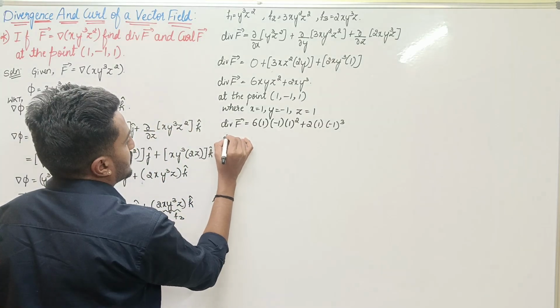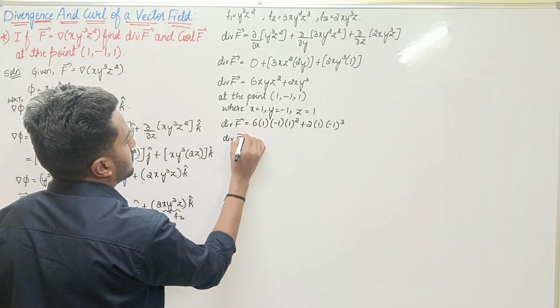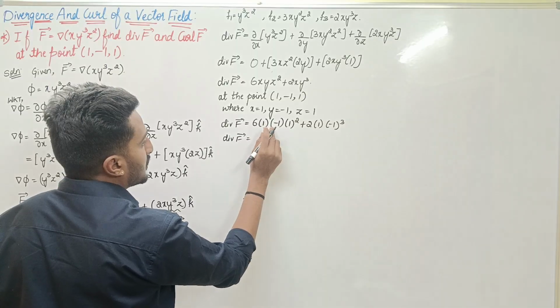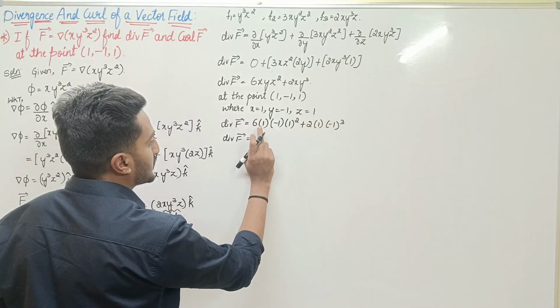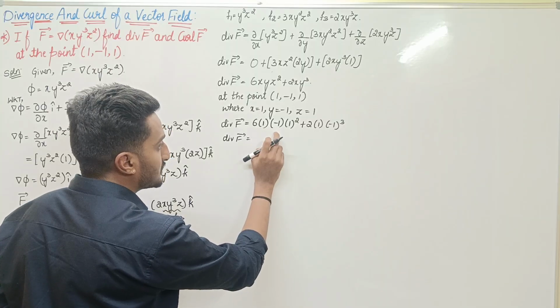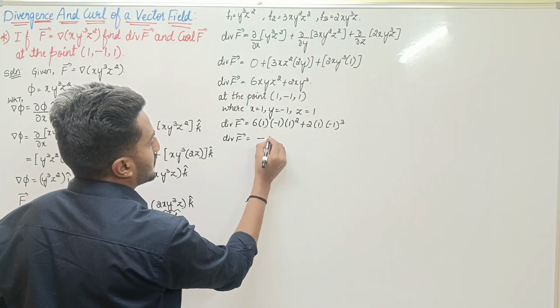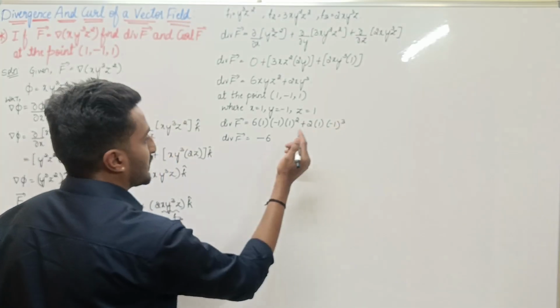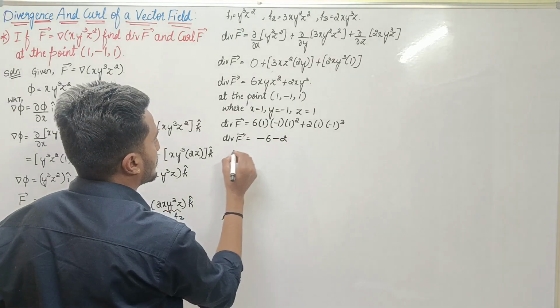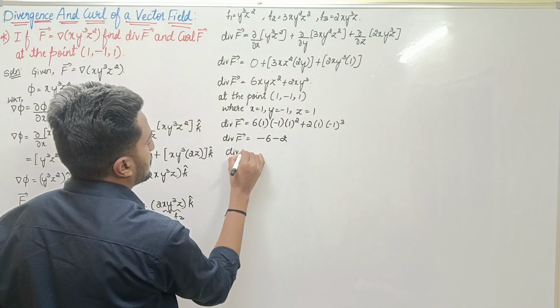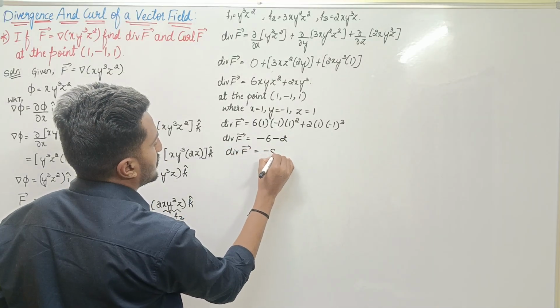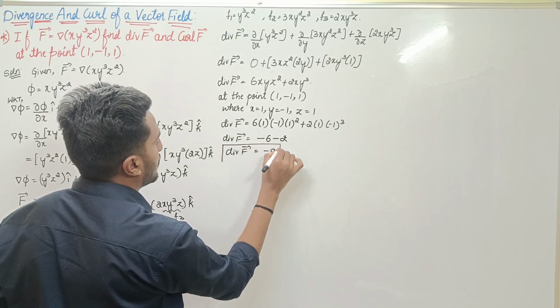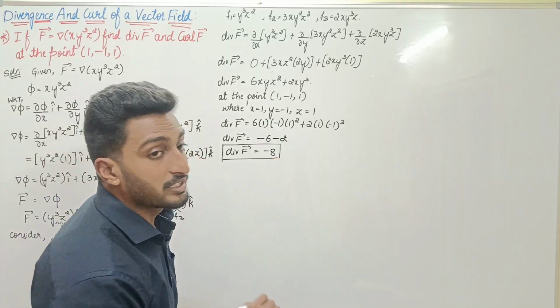That is, divergence of f is equal to 6 into 1 is 6, 6 into -1 is -6, -6 into 1 is -6, -1 cubed is -1, 2 into -1 is -2. Divergence of vector f is equal to -8. This is the value of divergence of vector f.